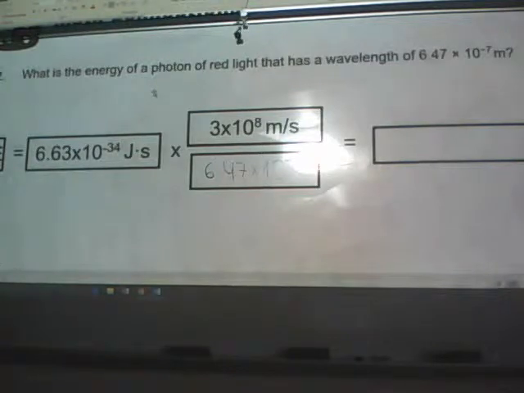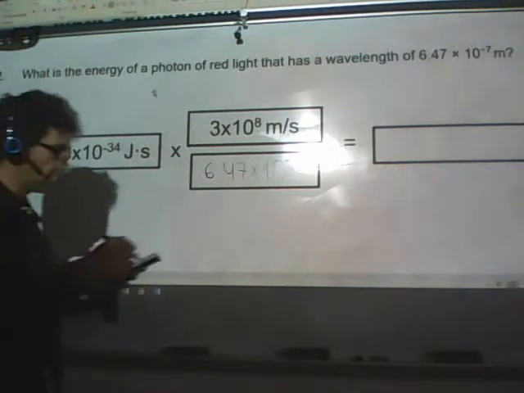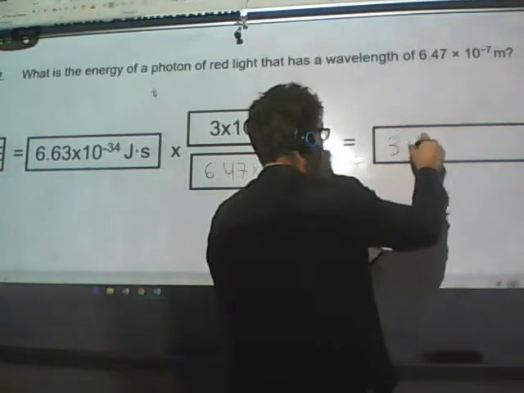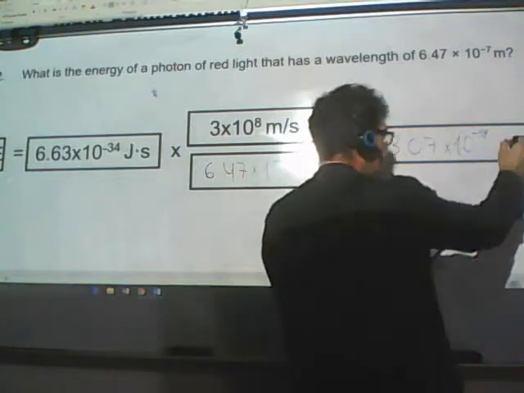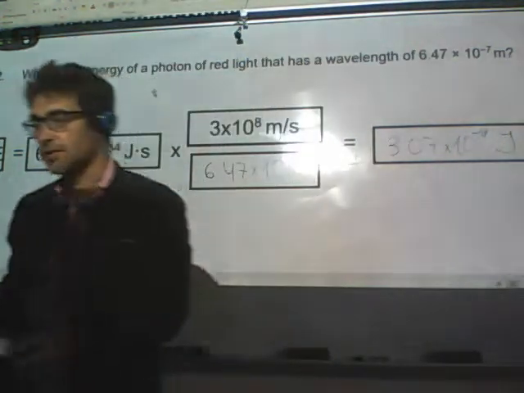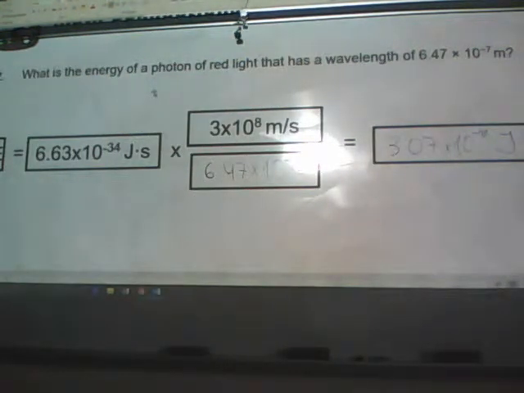So you go 6.63 EE 34, change the sign, times 3 EE 8 divided by 6.47 EE 7 minus. That is 10 to the power of minus 19, and this is joules because it's energy, okay? It's joules.